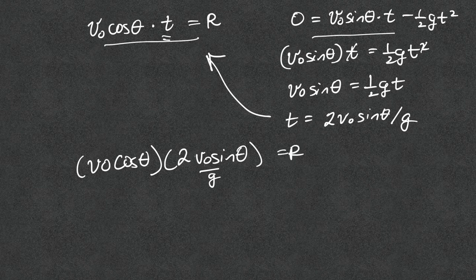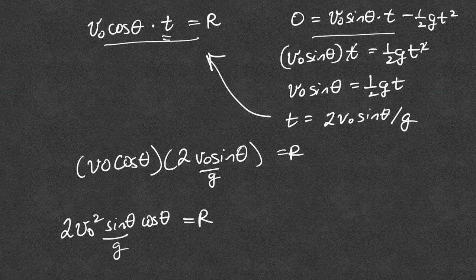And I'm going to simplify that a tiny bit more. 2 v naught squared sine theta cos theta over g equals the range. And I could stop there, except 2 sine theta cosine theta is a trig identity.